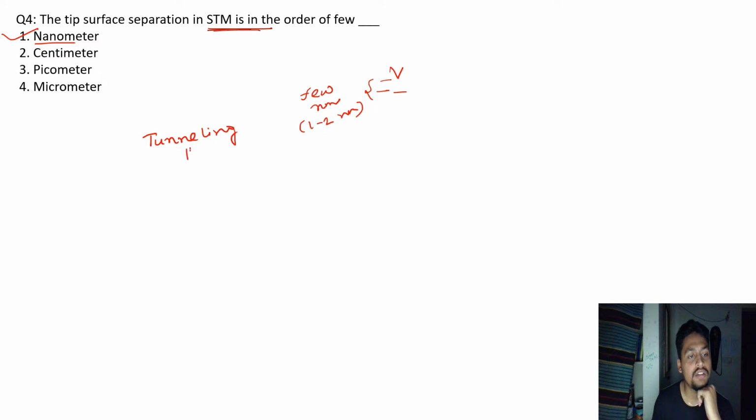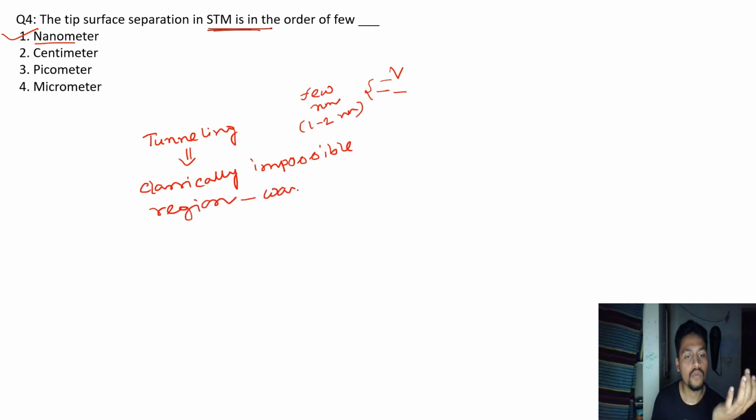What is tunneling? Tunneling is a classically impossible region that can be achieved only by the wave nature of the particle, in this case the electron.